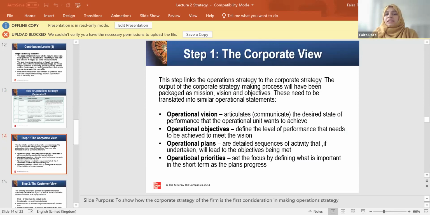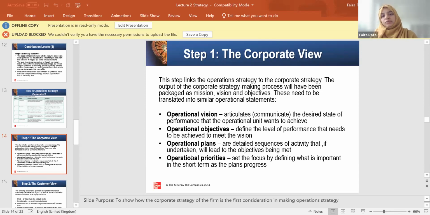Corporate strategy, the corporate view, is the first consideration while making any kind of operation strategy. This step links the operation strategy to the corporate strategy. The output of the corporate strategy making process will have been packaged as mission, vision, and objectives.